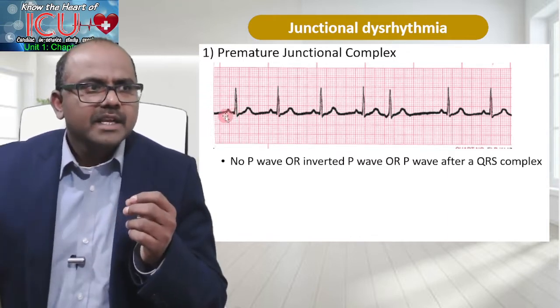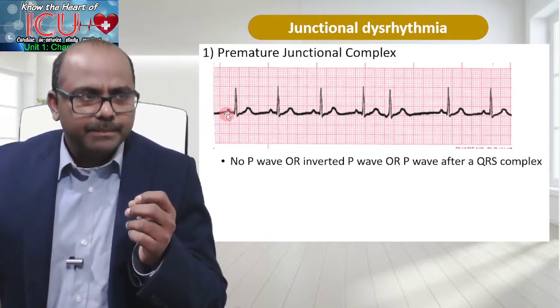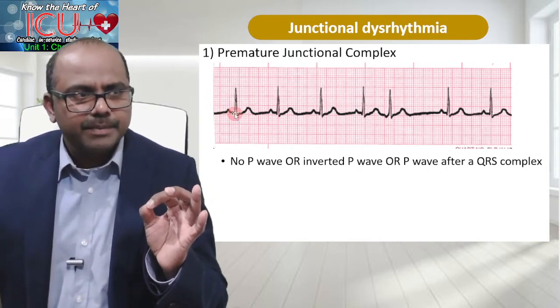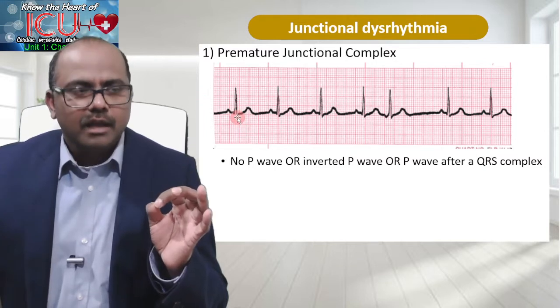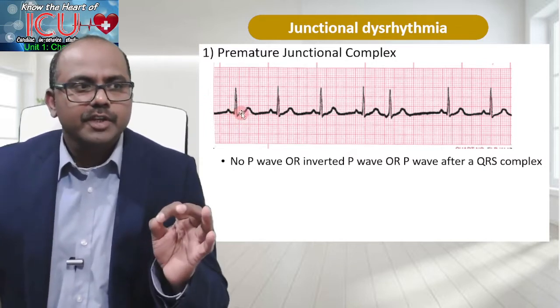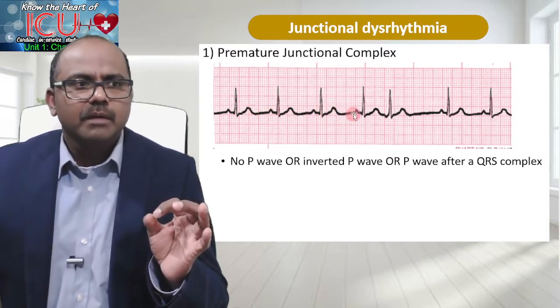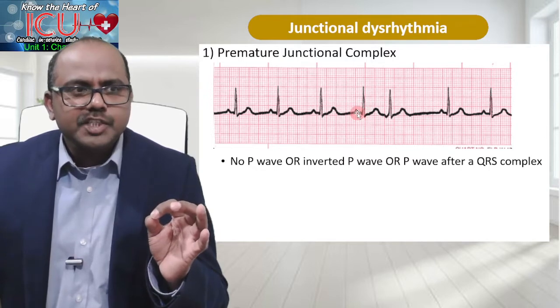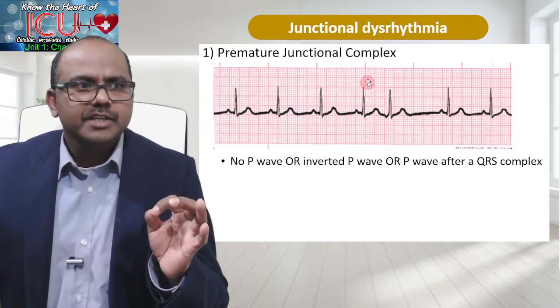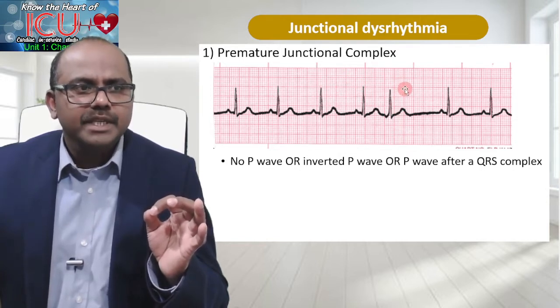Let's see this one. You can see here the P wave. So the SA node fires, left atria, right atria, your PR interval, it reaches the AV node, passes down to the ventricle, so you have your QRS complex. So normal rhythm, normal rhythm, normal rhythm, normal rhythm, and the next normal P wave is supposed to be here. Next normal P wave, see the interval, is supposed to be here.